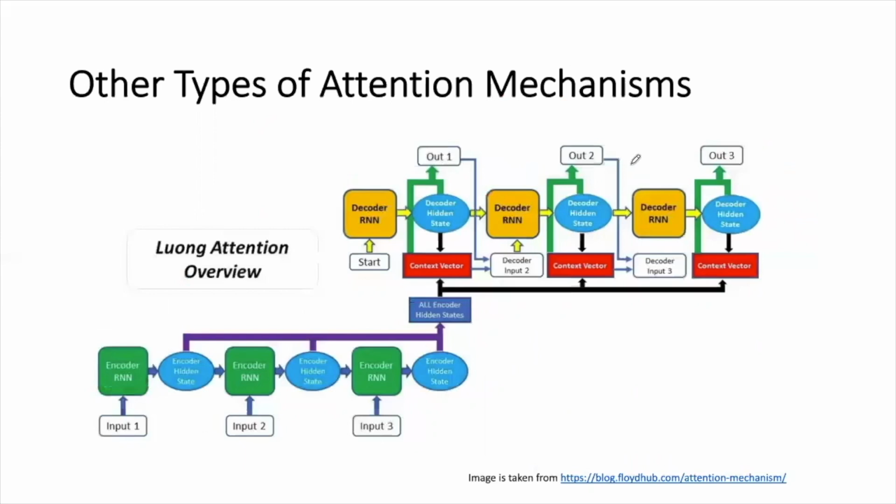Similarly, we have other types of attention mechanisms. This is another form of attention mechanism. The differences are basically in terms of how the context vector is computed and how it is exactly used. Those are the two main differences. Here, if you can see, the context vector is also used to generate the output of the first word.